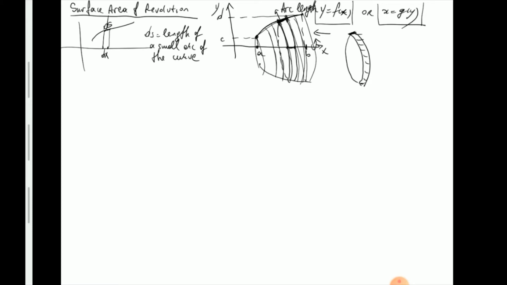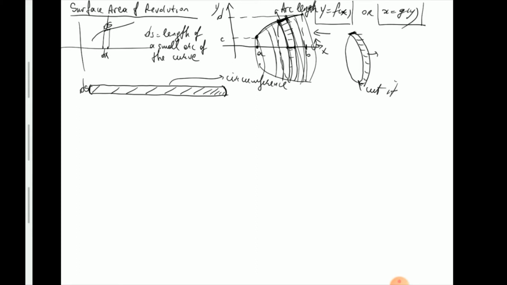And if I take this strip that I have to compute its area, and imagine you cut it and then lay it down on the plane like that, this is nearly like a rectangle, with the exception that the sides are given by ds, the length of the piece of the curve corresponding to dx, and the length of the strip will actually be the circumference of the circle.